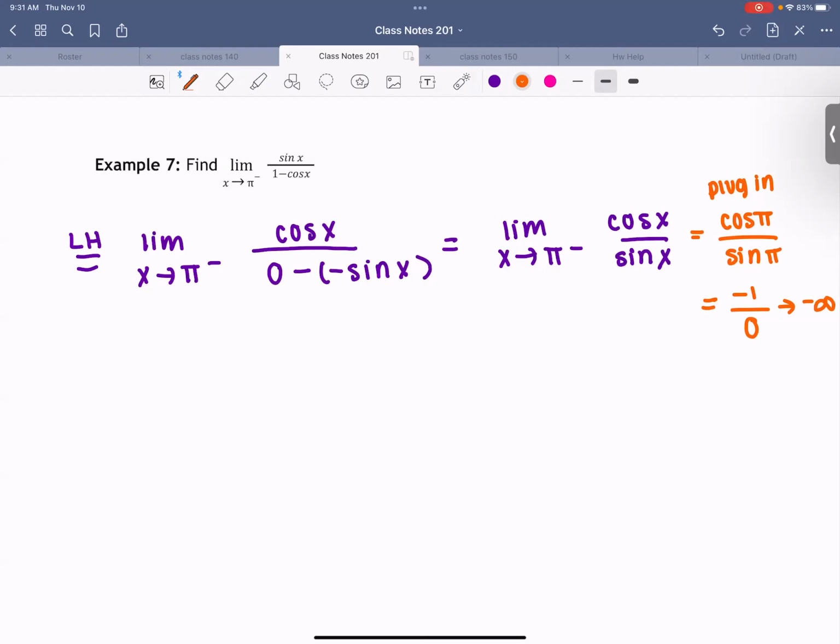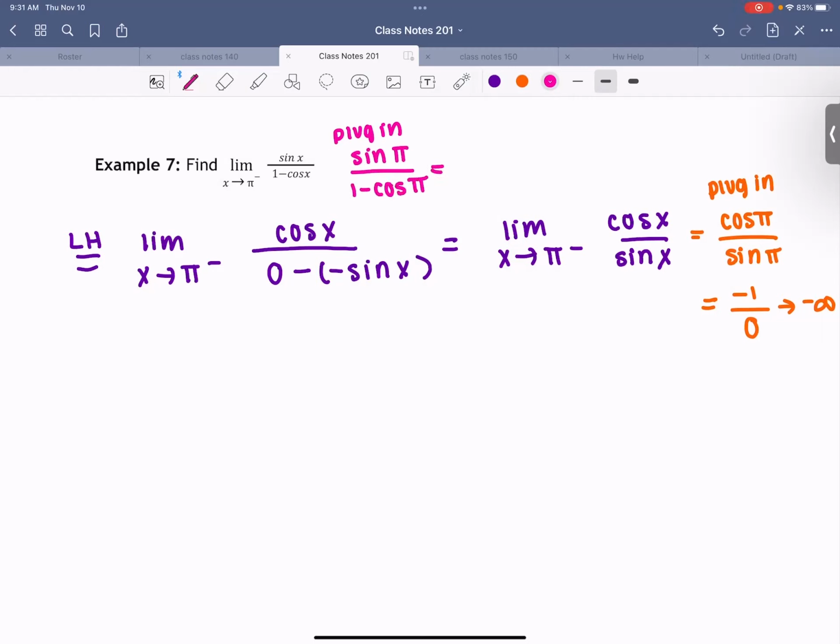The first step to doing L'Hopital's rule is you have to plug in the number into your original function, see what it is, and you can only use L'Hopital's rule if it's 0 over 0 or infinity over infinity. That's the only time you can use it. So let's just plug in and see what happens. Okay. So plugging in pi, this is the sine of pi over 1 minus cosine pi.